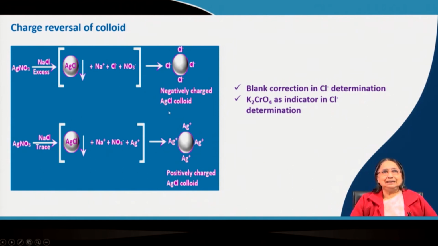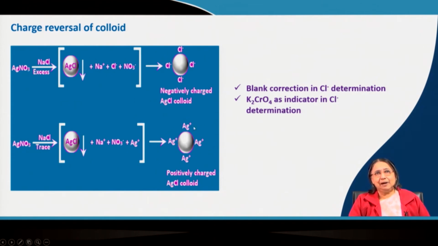Now, once it is obtained, what will happen here? If you remember the chloride ion determination, we use potassium chromate as the indicator, which is yellow in color. After the titration with sodium chloride taken in the conical flask is over, you have added excess silver nitrate. So, now you get this type of colloid, a silver-ion stabilized colloid.